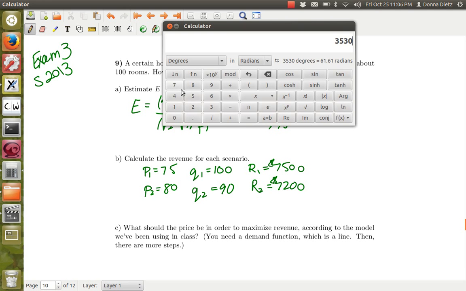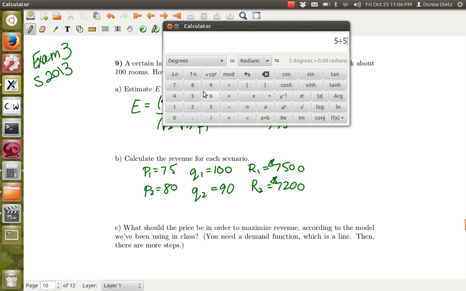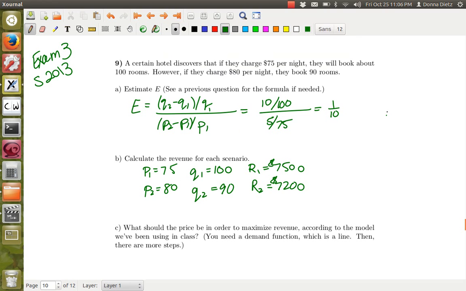Well, it's the reciprocal of 75 divided by 5, which is 15. So it's divided by 1 over 15, so it's 15 over 10, because you flip the second fraction and multiply through, so it's 3 over 2.